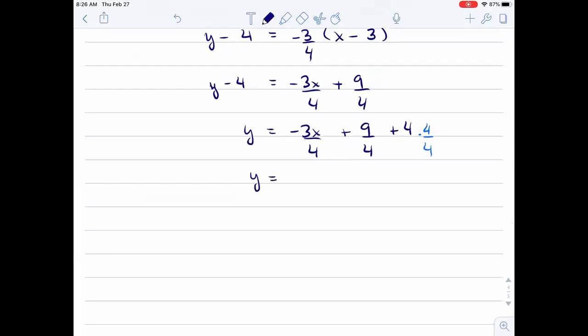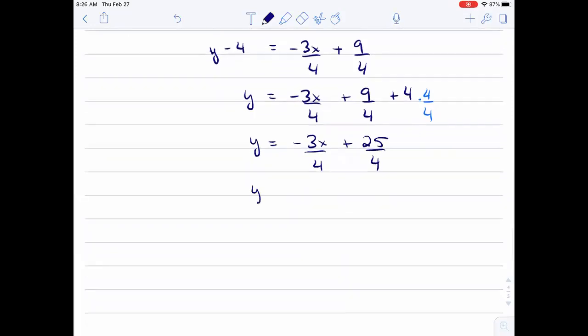And then I have y equals negative 3x over 4 plus 9 plus 16, 25 over 4. y equals negative 3x plus 25 all over 4, which means I can bring that 4 over if I want to.